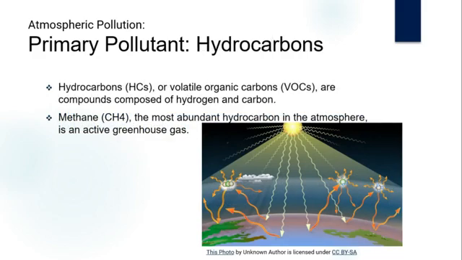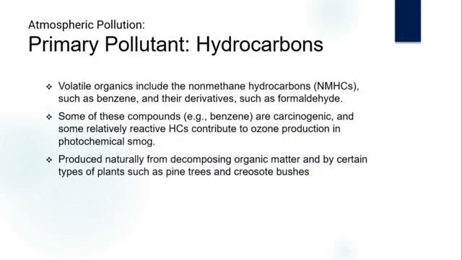Now, next of the primary pollutants is the hydrocarbons. Hydrocarbons, or volatile organic carbons, are compounds composed of hydrogen and carbon. Methane, as the most abundant hydrocarbon in the atmosphere, is an active greenhouse gas. Volatile organics include non-methane hydrocarbons, such as benzene and their derivatives, such as formaldehyde.